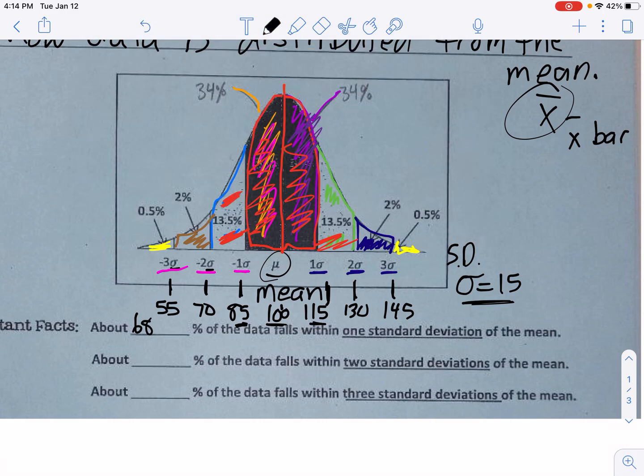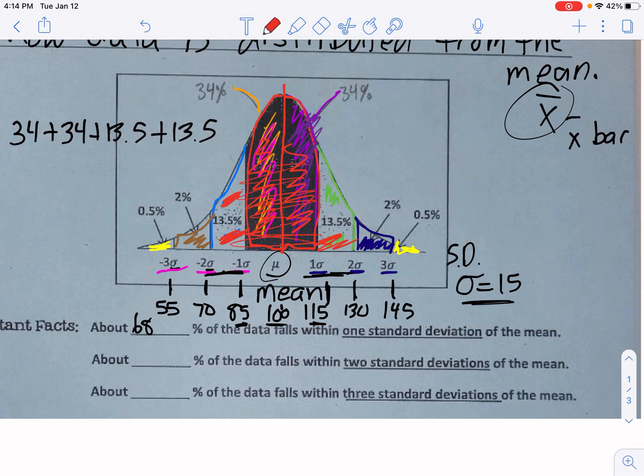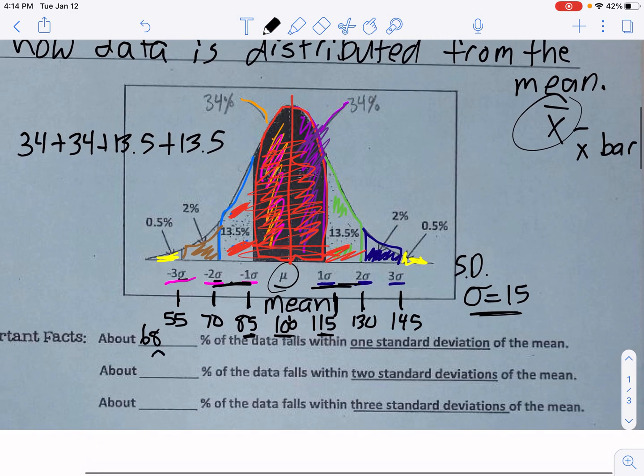So if we're 2 standard deviations away, we have 34% in the positive direction plus the 34% in the negative direction. Then there is 13.5 in the positive direction plus the 13.5 in the negative direction, okay? So altogether, if we add that together, we're going to get 95%. So 95% of the people would fall within 2 standard deviations, okay?